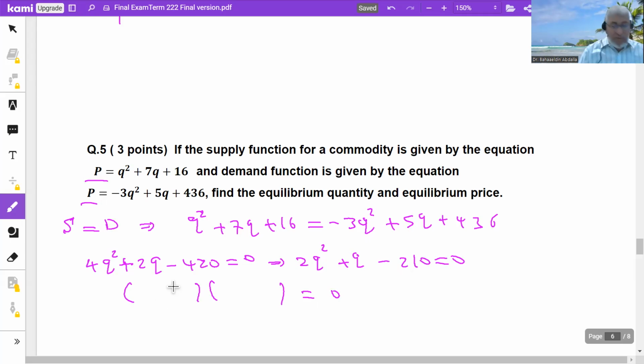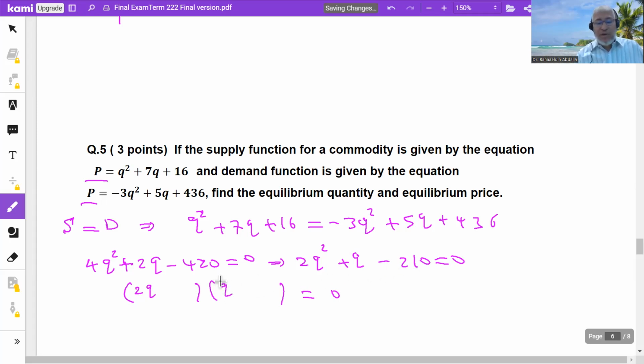I need two numbers whose product is 210 and whose sum is 1 or something like this. I'll have 2Q and Q.